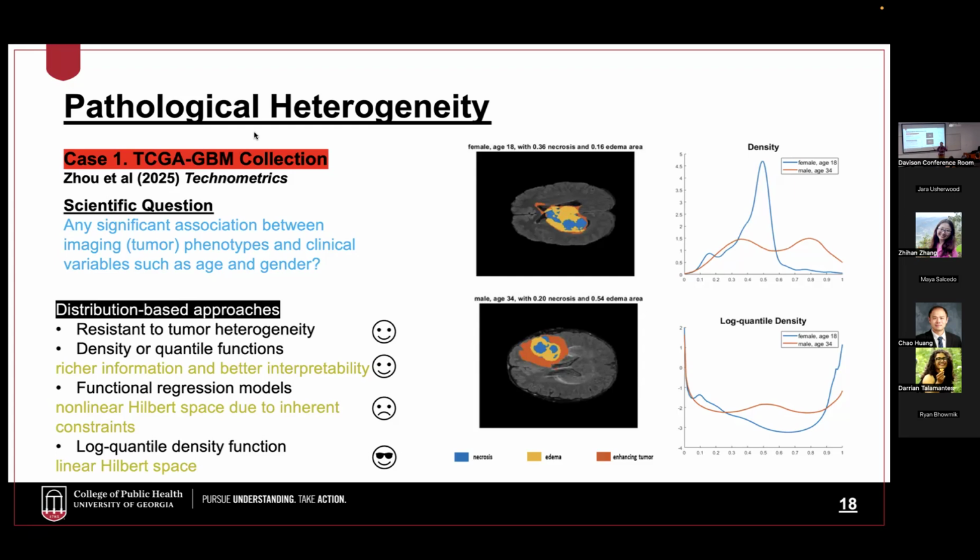And no matter what kind of calculation you do here, the result is always in this log quantile density function space, which means that for this space, we can apply this kind of functional regression model to investigate the association between your imaging phenotypes and some biological variables here, okay?